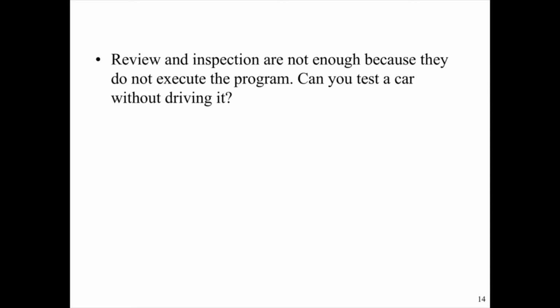A very simple example: you cannot test a car without driving it. Some of the defects you can identify before driving the car, but the actual problems you will only find when you are driving it. So basically, we are targeting identification of errors when the program is running.